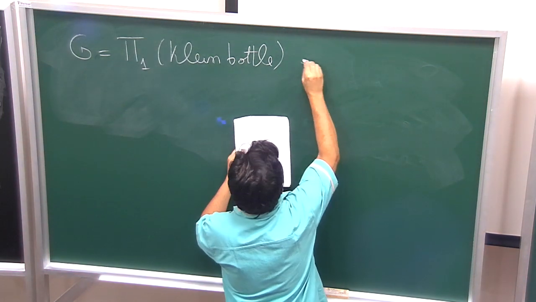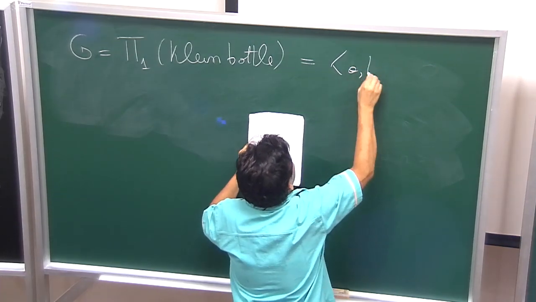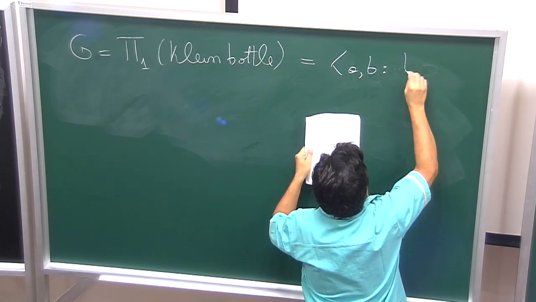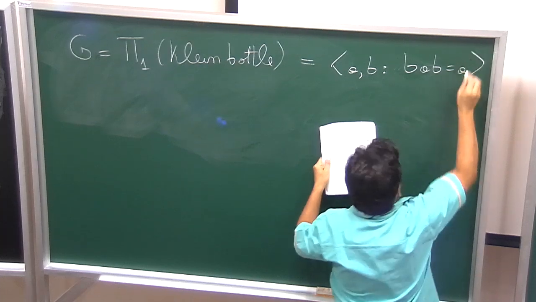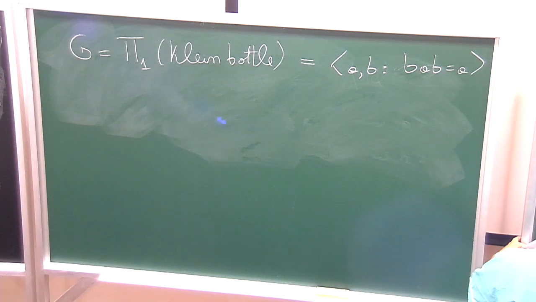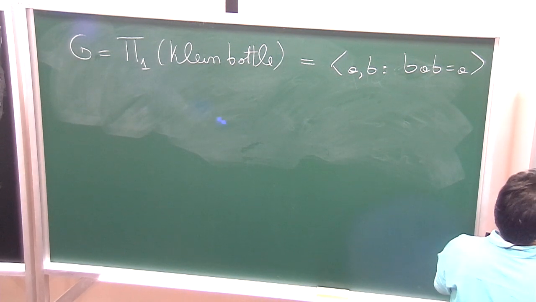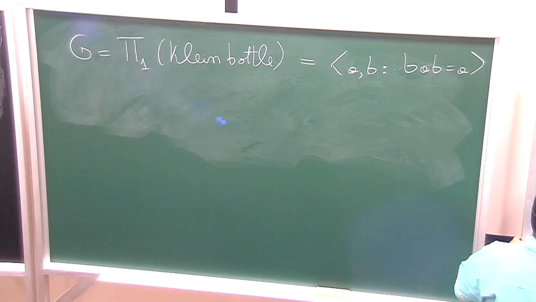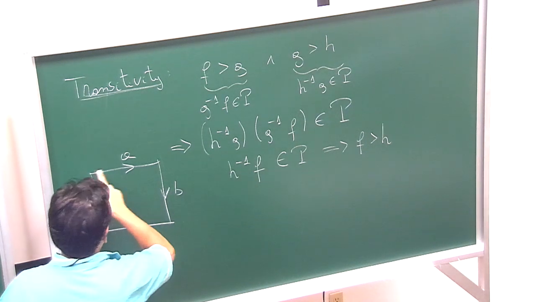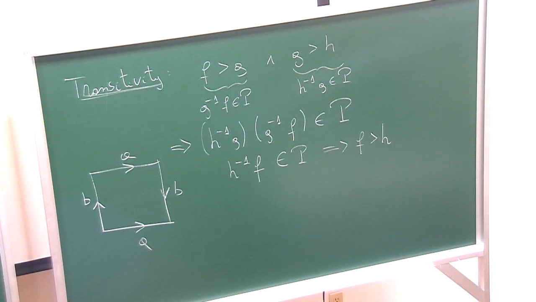So let me remind you of the presentation of this. This is the group generated by A and B, and one way to write this, I prefer this way, is BAB equals A. You take the square and you consider this as the A direction, and this is B. So BAB equals A. If you do the identification, then what you get is the claim: this is a left orderable group.